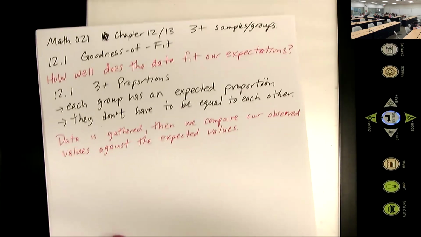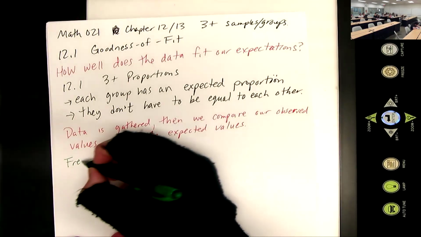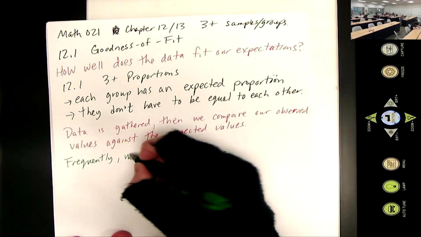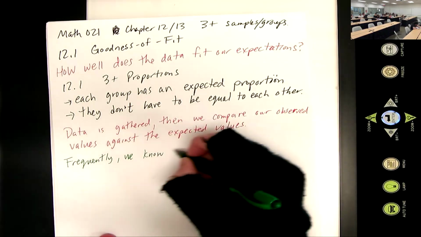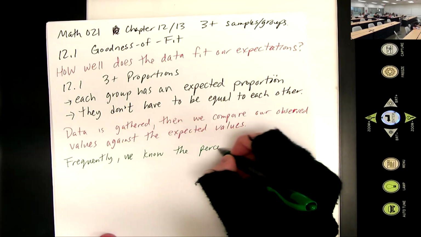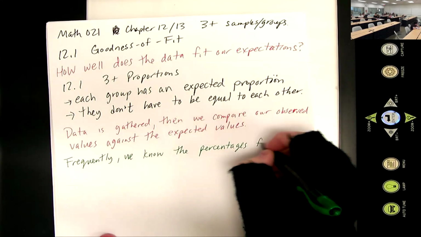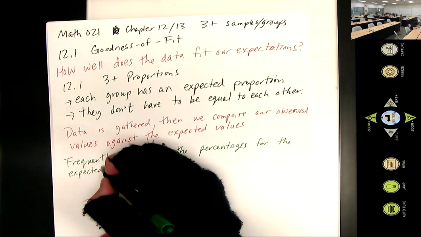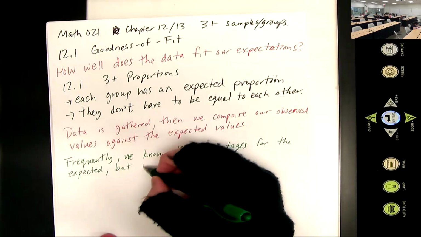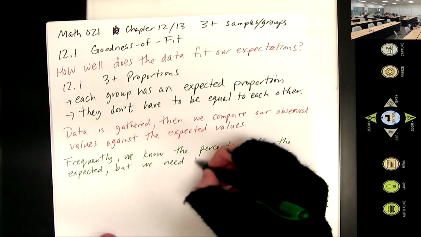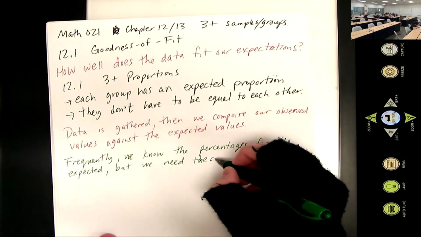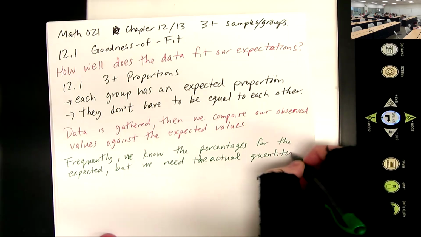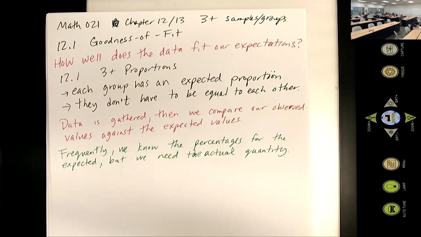So what frequently happens? Frequently, we know the percentages for the expected stuff, but we need the actual quantity. Not a proportion or a probability, an actual quantity.